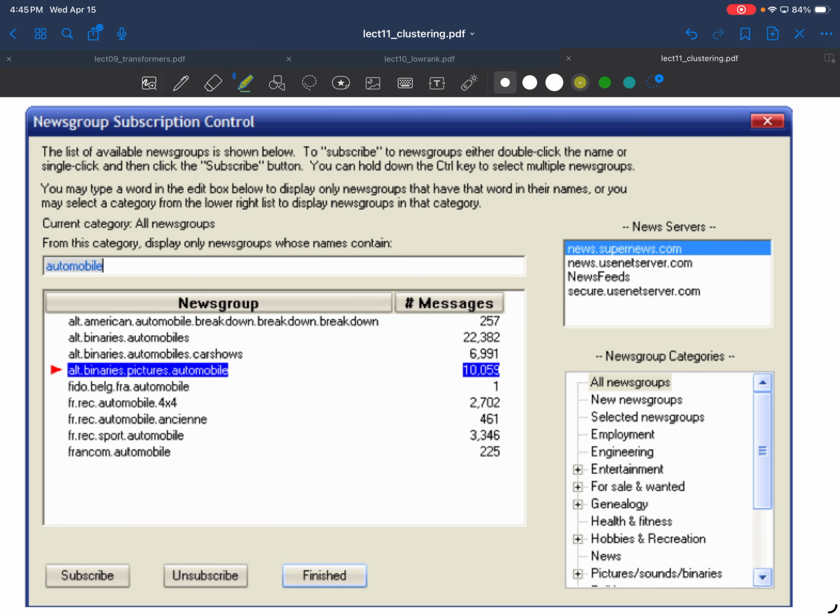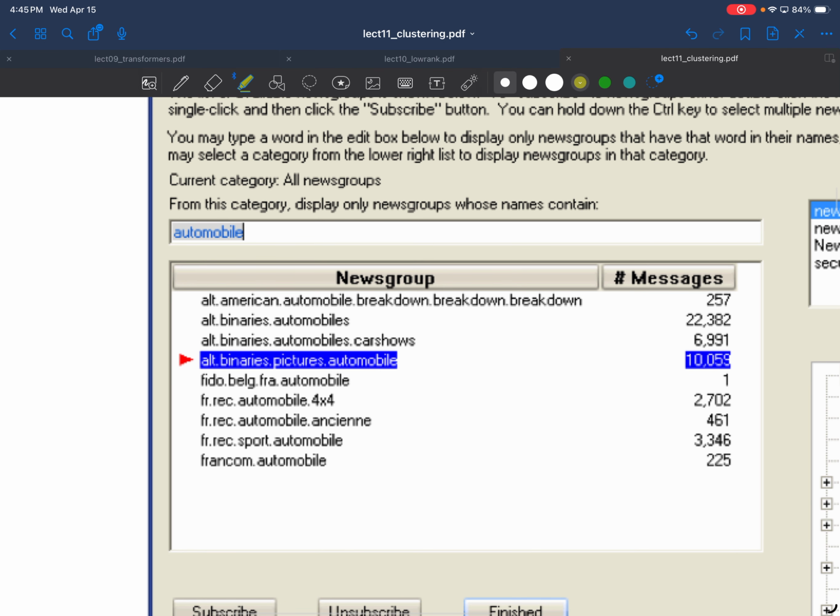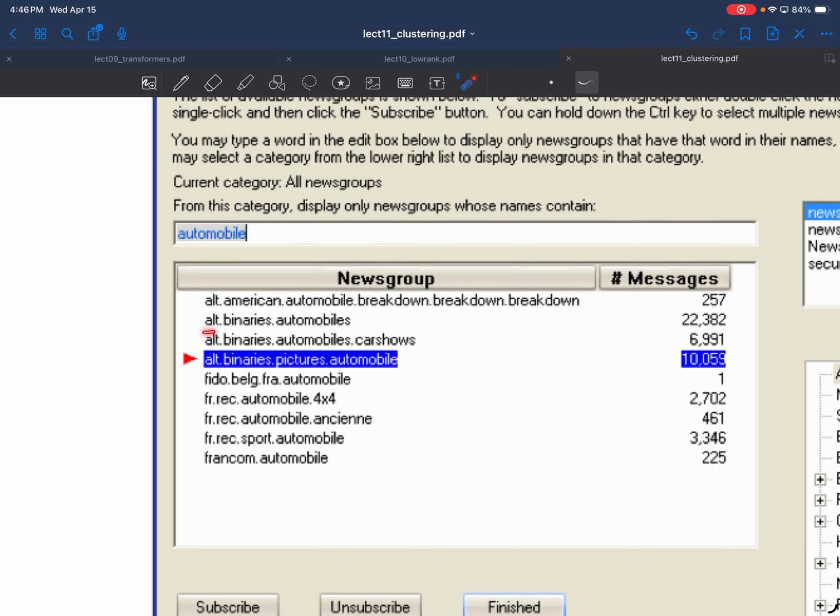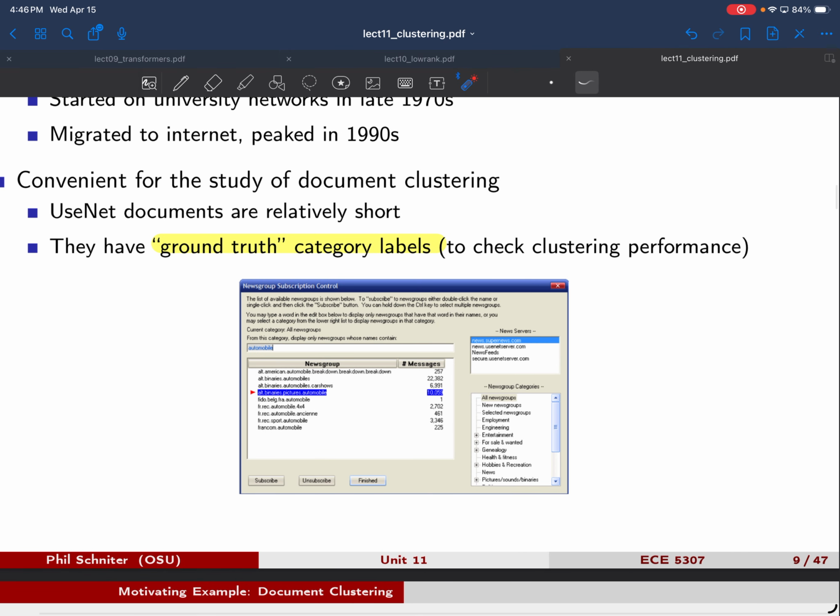Like here's a few, there's I think thousands of these, alt binaries automobiles, alt binaries automobiles car shows, blah blah blah. So you have ground truth knowledge of what people were talking about, and so you can cluster and then you can see how well you did according to the actual categories from Usenet.